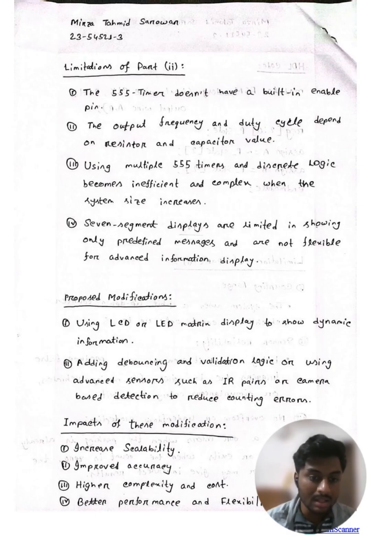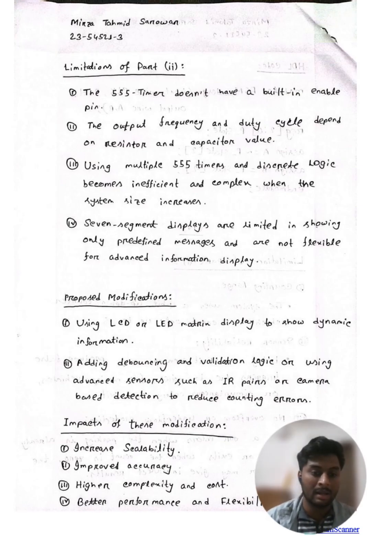And if we talk about the modifications, we can make some modifications to make our system better, and some of them are using an LCD or LED matrix display instead of a 7-segment display, because a 7-segment display only shows up to 9. So this is the limitation.